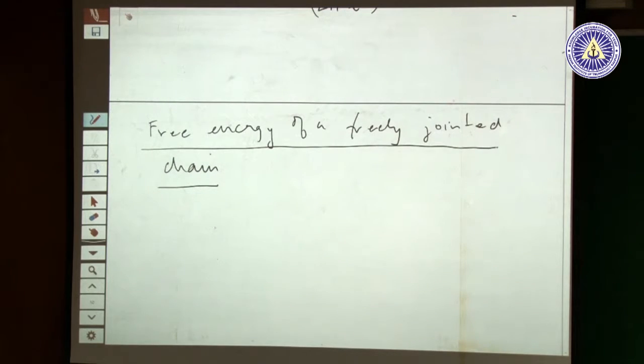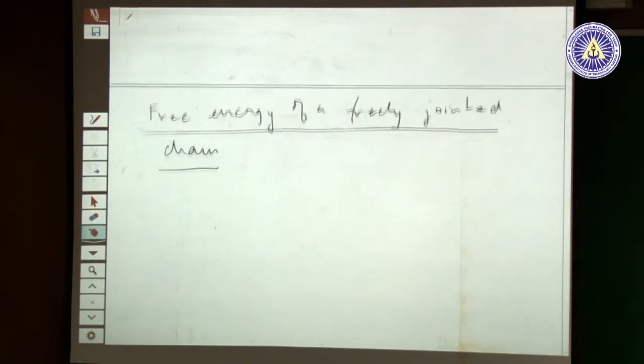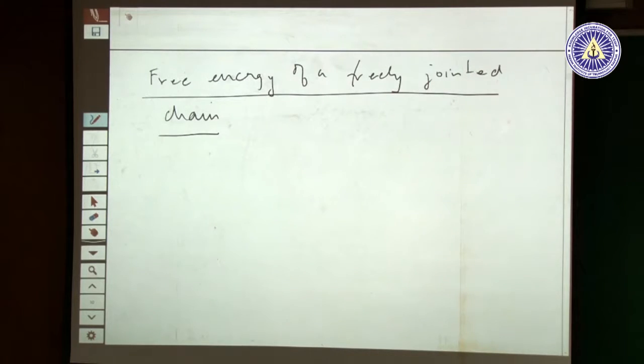Okay. So, you all know that the entropy is Kb log of the number of possible states a system can occupy.